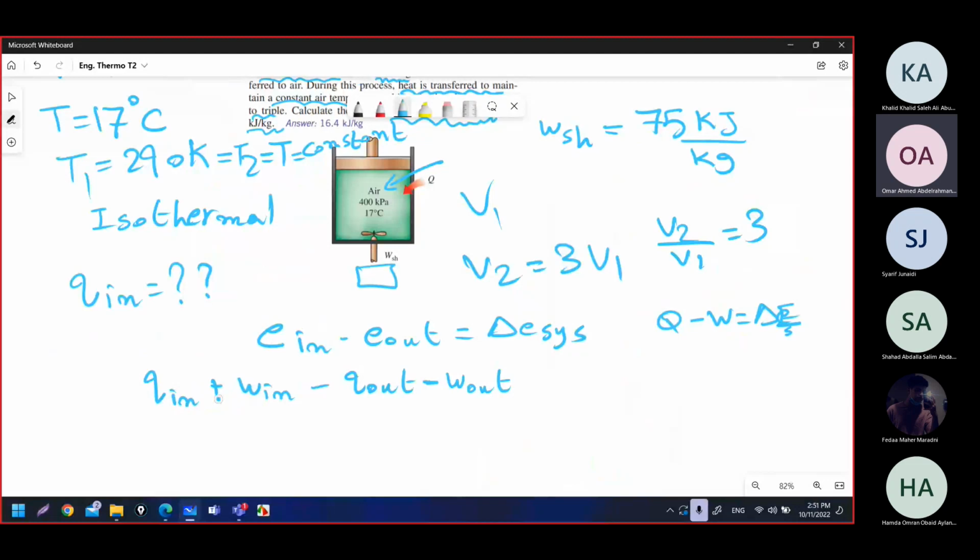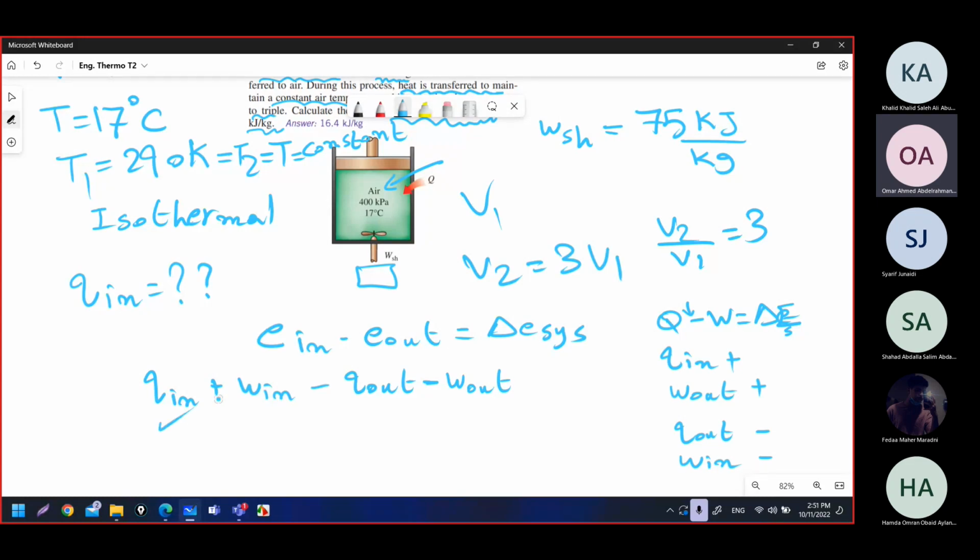In general, in kilojoule. And we assume that Qn is positive and W out is positive, and this minus sign is already in the equation. And Q out is negative, and Wn is negative. When you add Qn, it is positive.